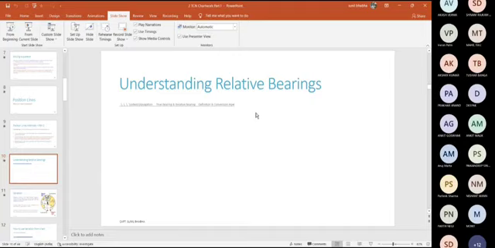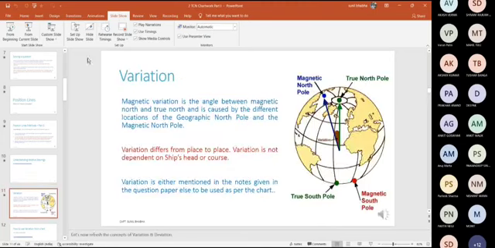So let's see. Let's now refresh the concept of compass error, which consists of variation and deviation. So we are going to first discuss variation.